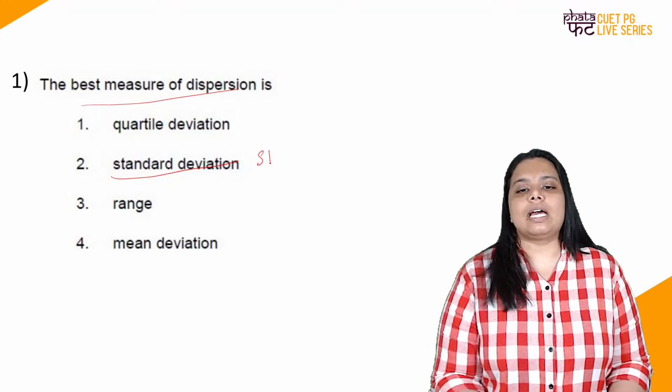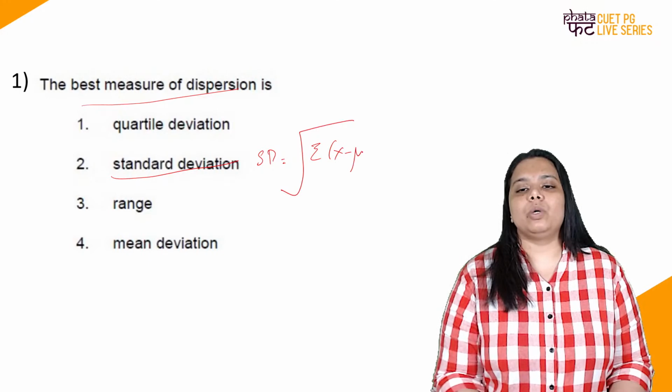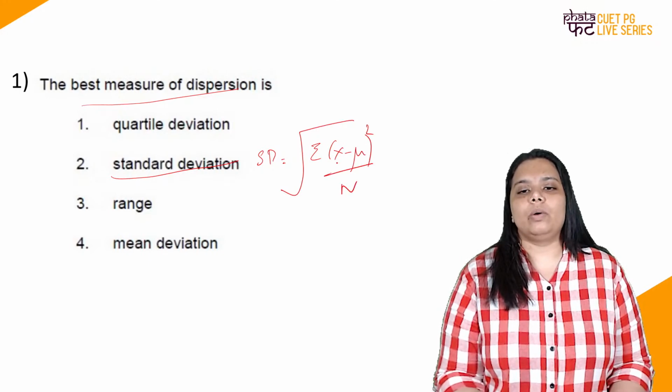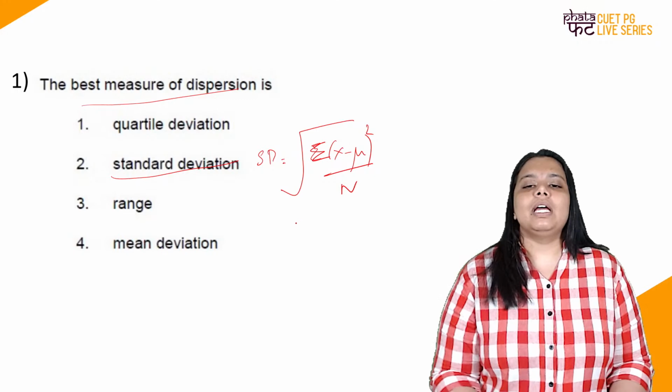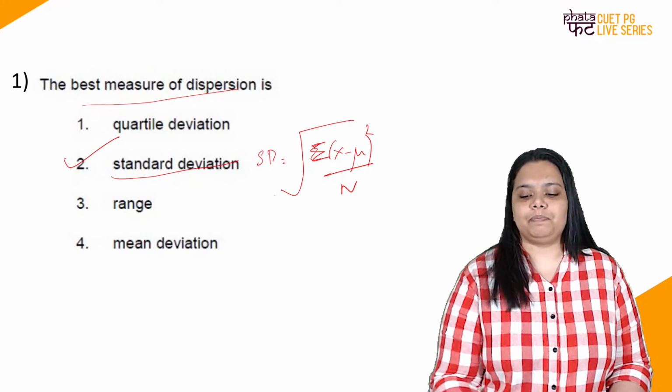So standard deviation is equal to root of summation x minus mu square by n. This is sigma. So the best measure of dispersion is standard deviation.